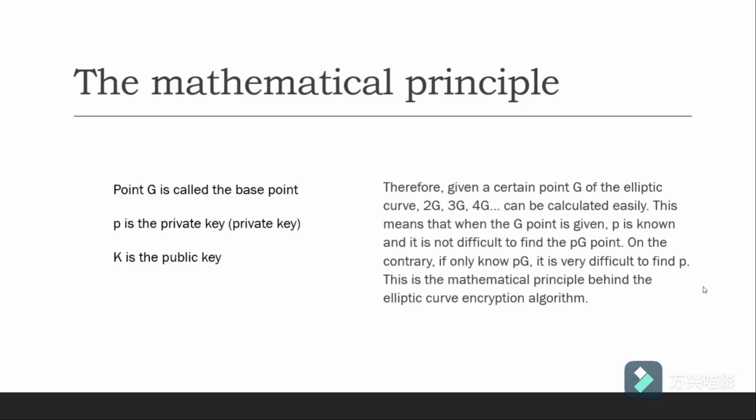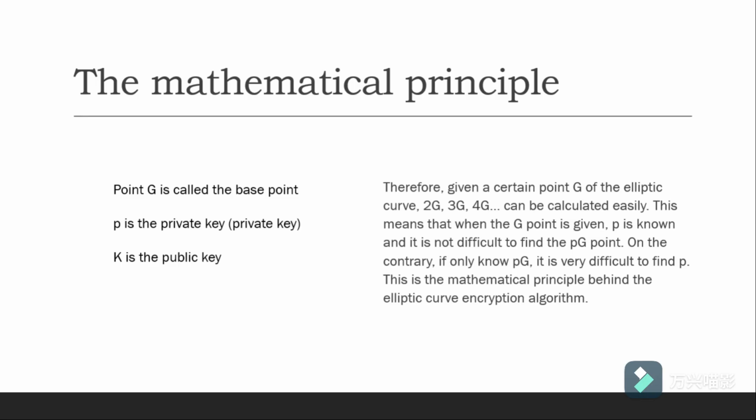So therefore, we set point G, called the base point, which is on the elliptic curve, and P is the private key. K is the public key, which equals P times G. And when we get the point G, we can easily calculate 2G, 3G, 4G.